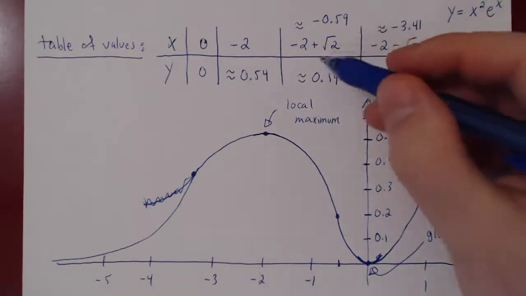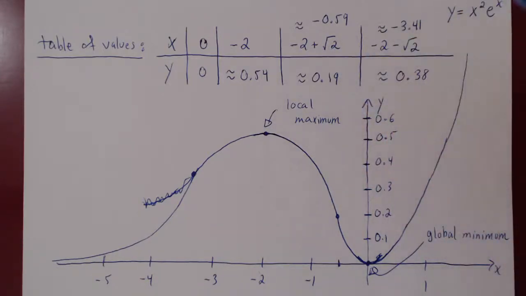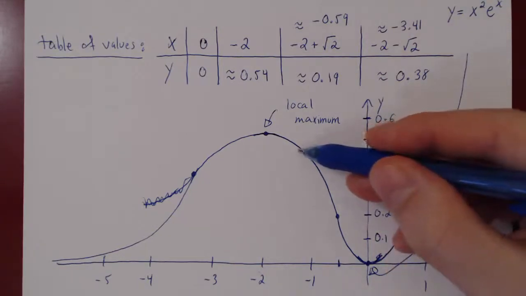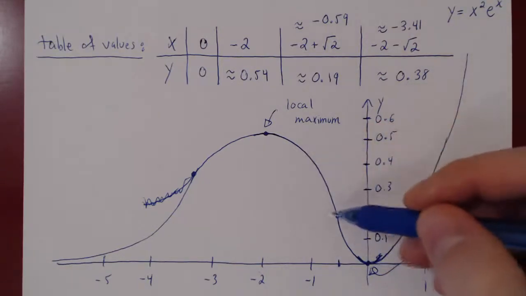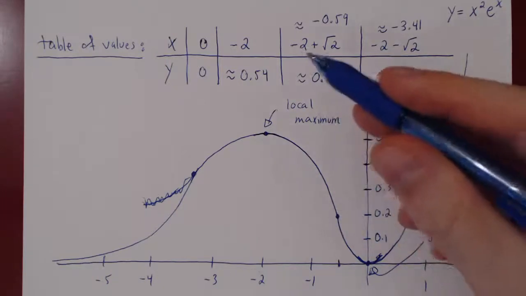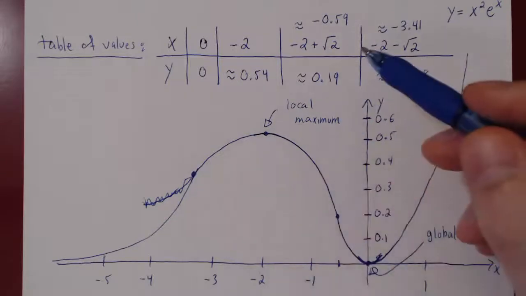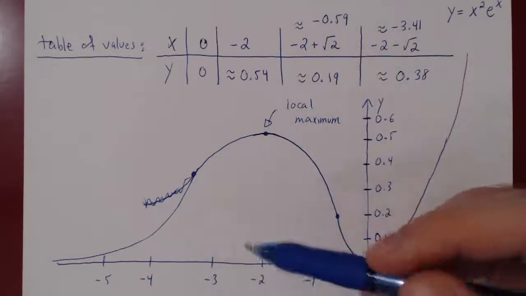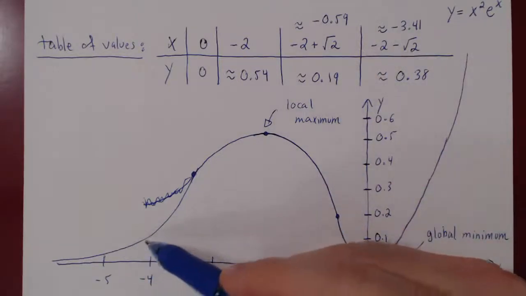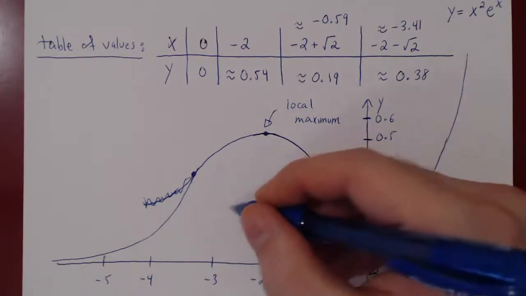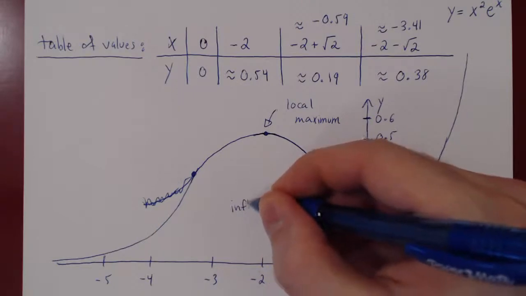And we had two possible inflection points. Are they real inflection points? Well, let's see. The curve went from concave down to concave up, so the point x equals negative 2 plus root 2 is a real inflection point. And at the point x equals negative 2 minus root 2, the curve goes from concave up to concave down. So both are real inflection points.